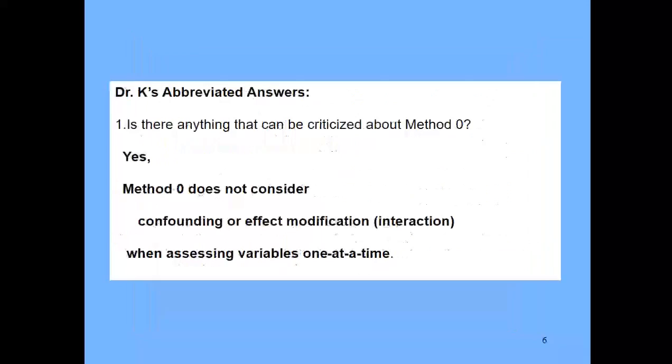Okay, so now, here are my answers. Yes, method 0 does not consider confounding or effect modification when assessing variables one at a time. Does that make sense? Why doesn't it consider that?